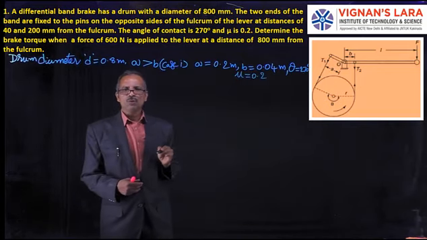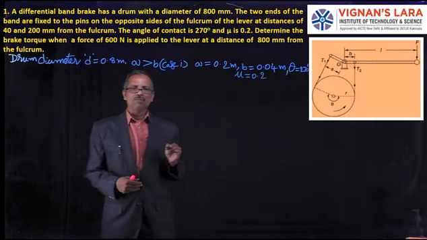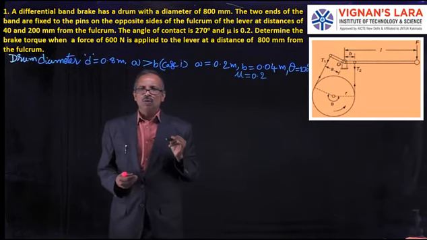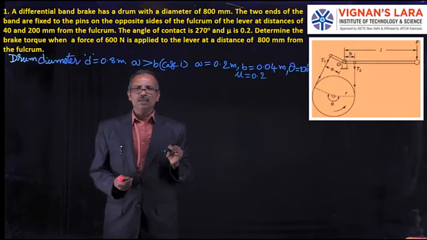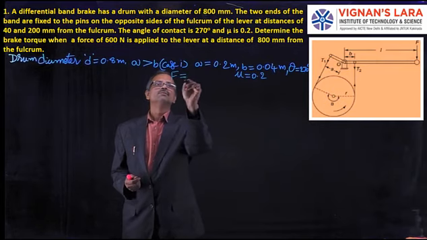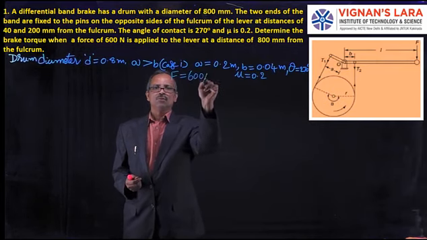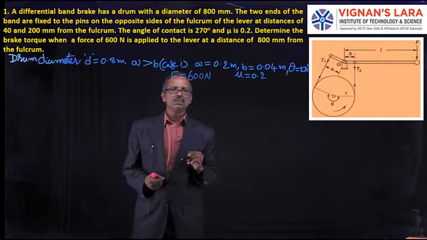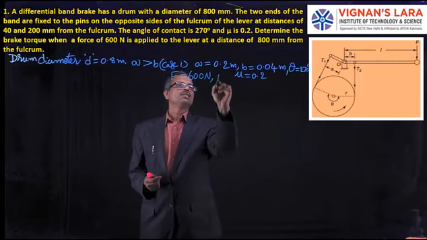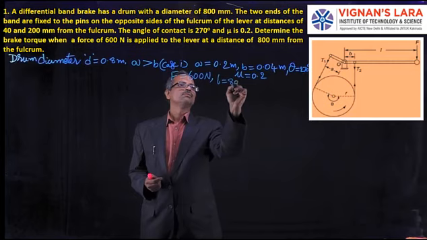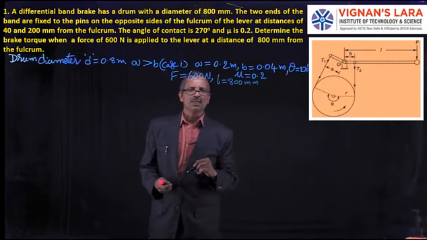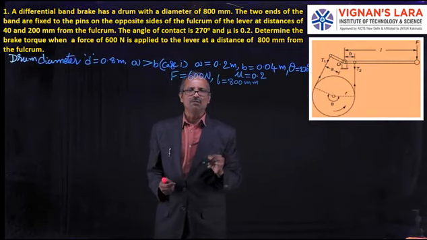So you are supposed to find the braking torque, and the force applied is 600 newtons at a distance of 800 mm. This is the problem available with us.